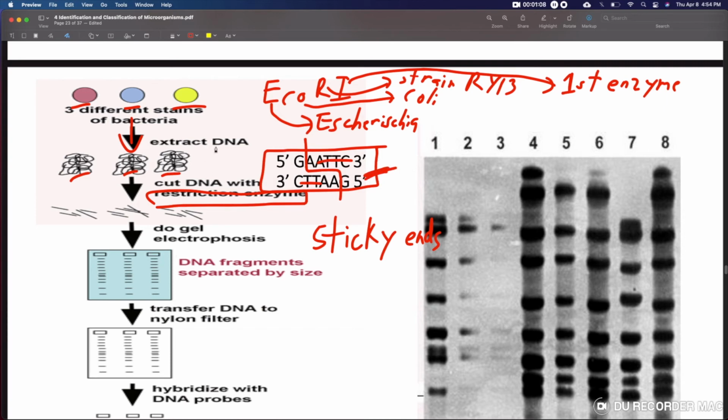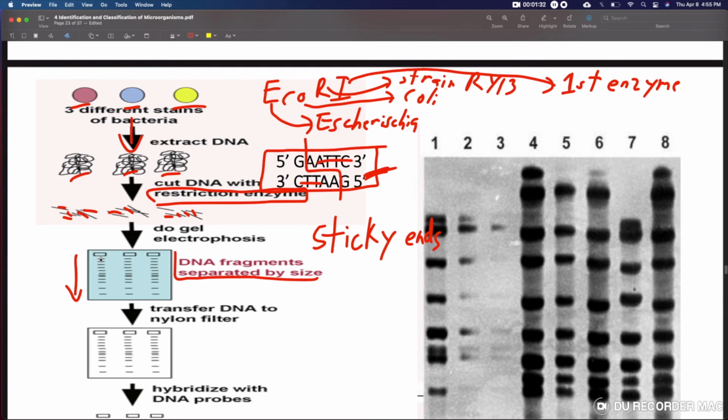After application of your restriction enzyme, of course, you will have different lengths of fragments of your DNA. And that differing length of your DNA restriction fragments would have a different travel rate when we do electrophoresis.